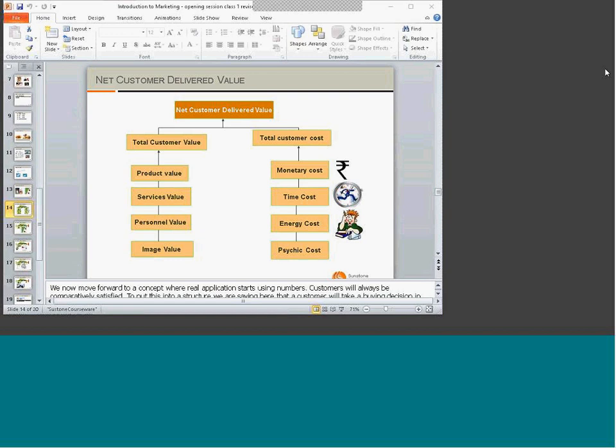Just convert everything into rupees. It is the cost that you would attribute to the time spent by you to search for the diamond ring and go and actually buy it and get it.